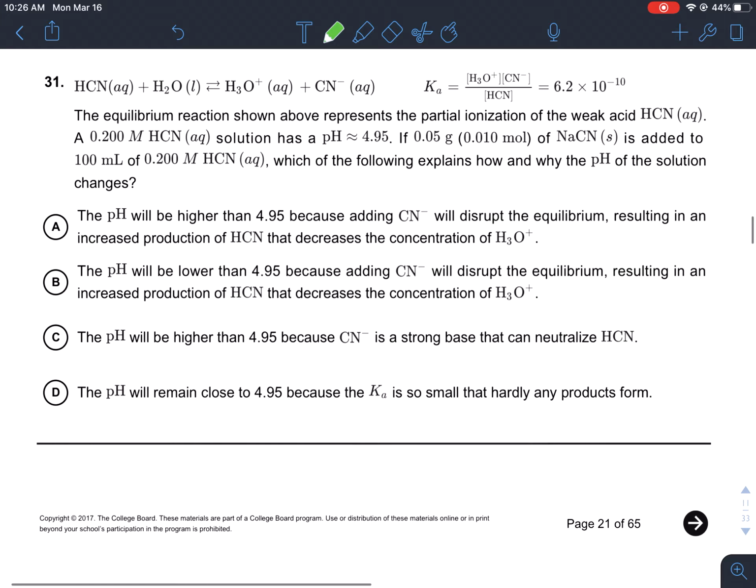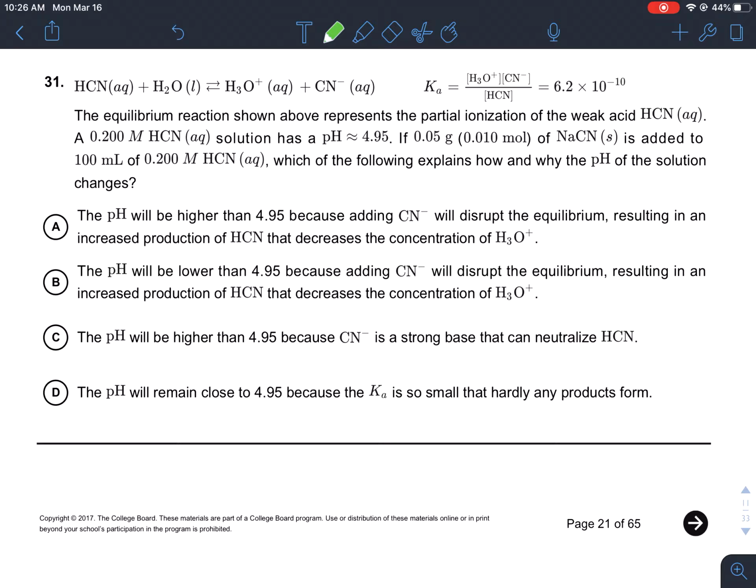All right, now we have HCN being put in water and forming hydronium and CN minus. You have your Ka there. The equilibrium reaction above represents the partial ionization of the weak acid HCN. A 0.20 molar HCN solution has a pH of 4.95, and then 0.05 grams of NaCN is added to the solution.